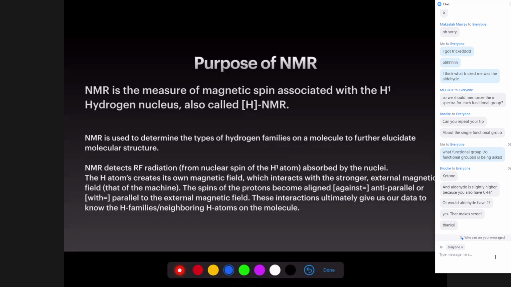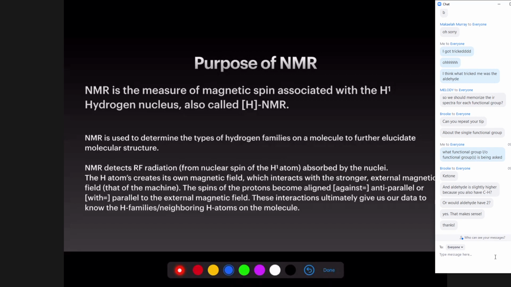The spins of the protons become aligned against, or with, the external field, meaning anti-parallel or parallel. So everything is in comparison to the magnetic field.